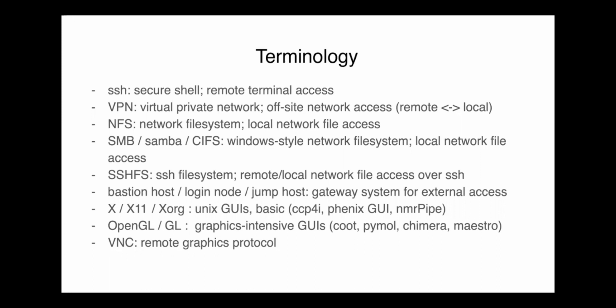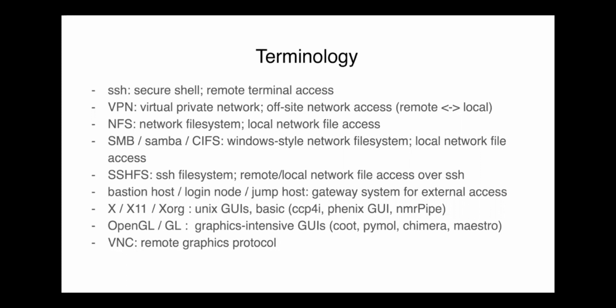A bastion host, or a jump host, or a login node is a phrase that's used relatively frequently in remote access, because you don't want to have all of the systems in the lab accessible to everybody on the internet. Everybody on the internet includes people who are going to try to get into the systems and do possibly nefarious things.